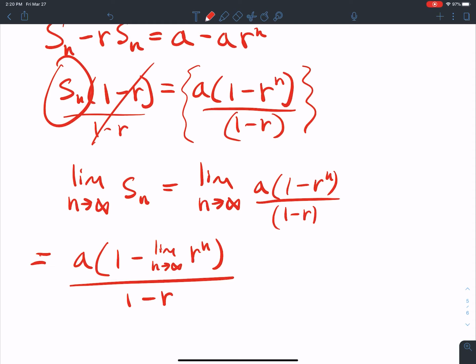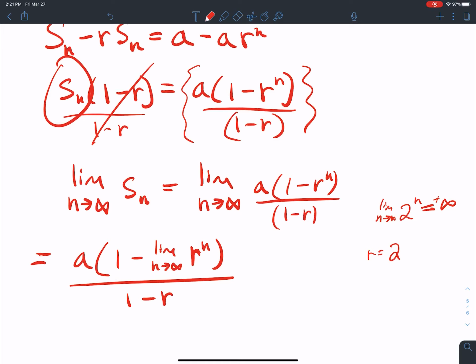All right, there are two scenarios here. Think about a function where r is changing. If r is like 2, that'd be 2^n. As n goes to infinity, what happens to this? It goes to positive infinity, doesn't it?